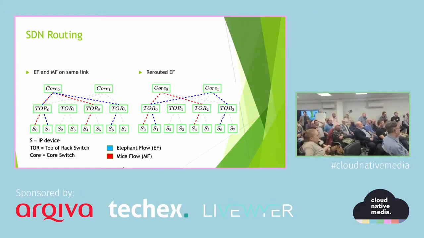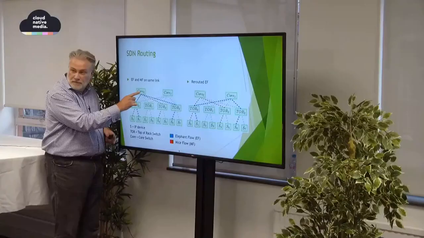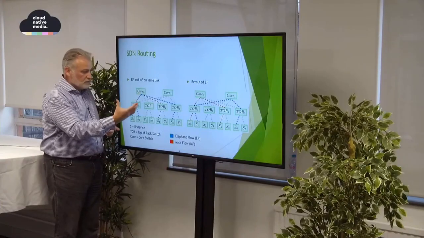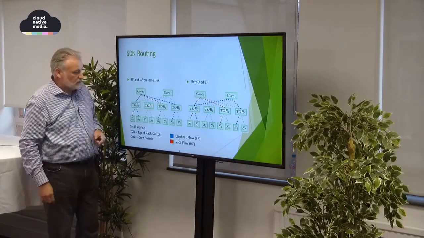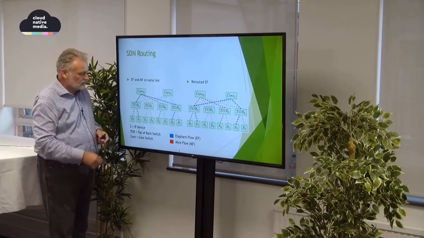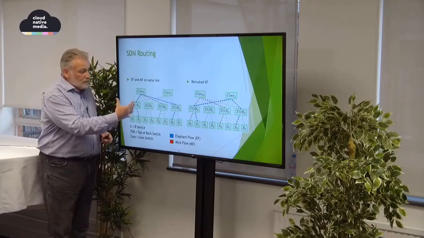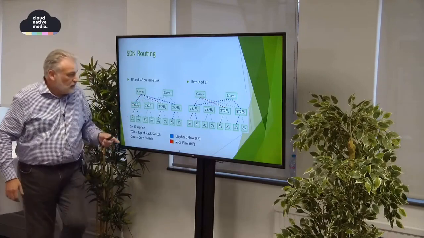So here, on the left-hand side, we've got our elephant flow and mice flows coming out of two different servers, going into the top of rack switch, then potentially congesting on this link here, because this is like a single point of failure, and then going over to two different top of rack switches, and then down to their respective servers. And with ECMP, that will probably be the solution, because it doesn't know anything else.